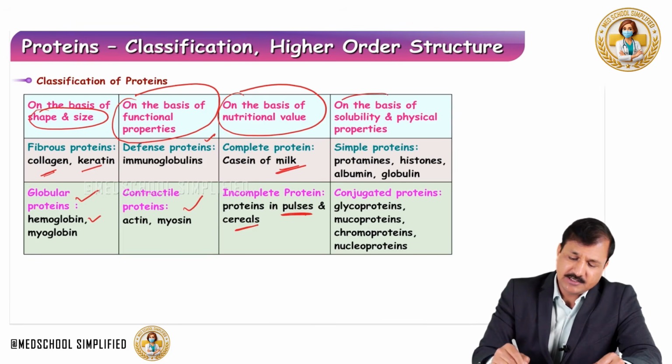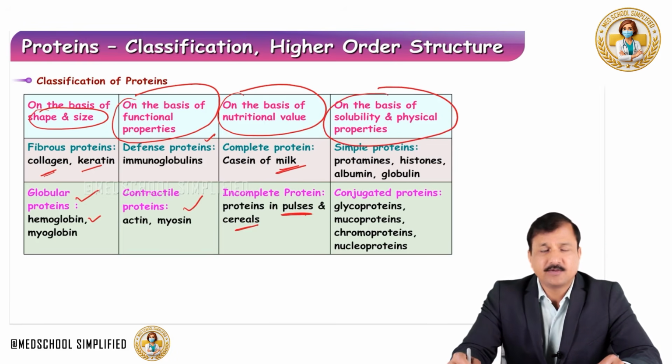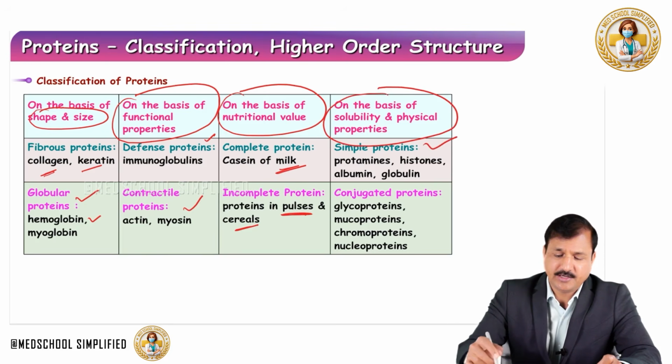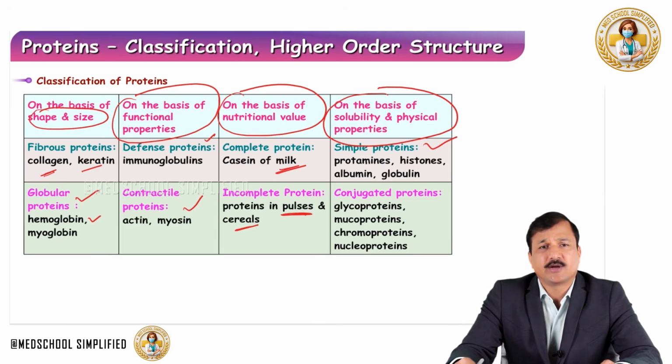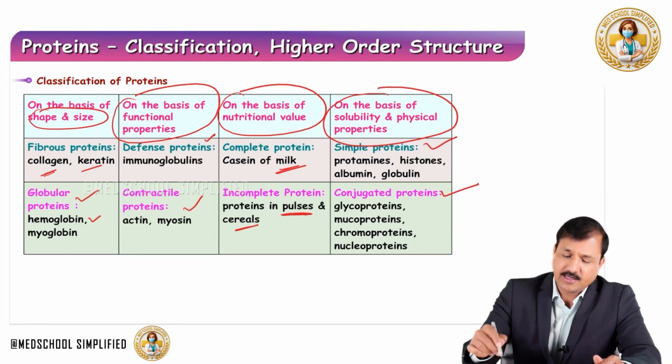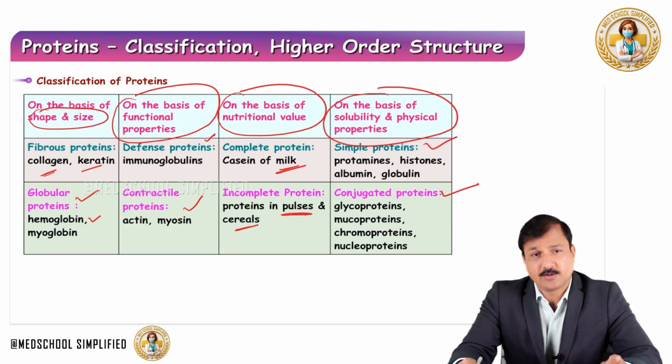Now, based on solubility and physical properties, proteins can be classified into simple proteins. Simple proteins can be hydrolyzed, and upon hydrolysis they will give only amino acids. Or we can classify proteins as conjugated proteins.